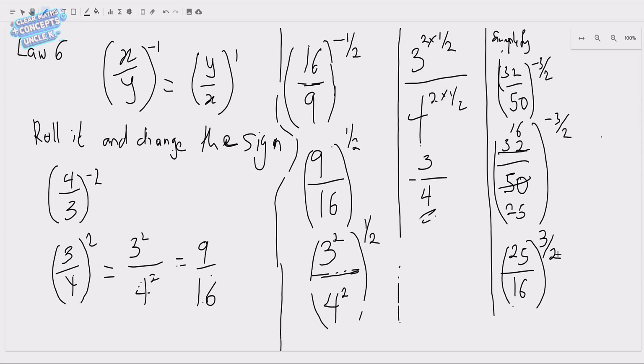Okay, so now 25 is 5 to power 2. Then 16 is 4 to power 2. All raised power 3 over 2.